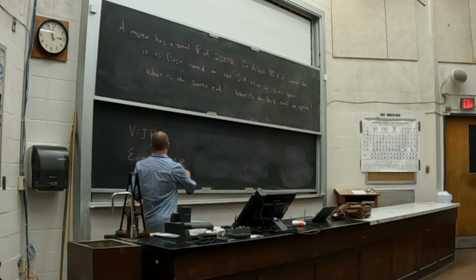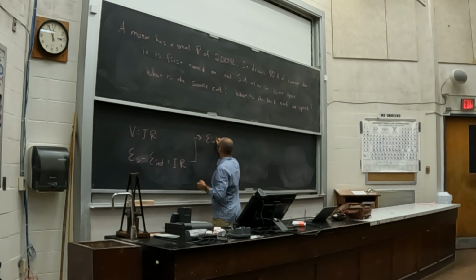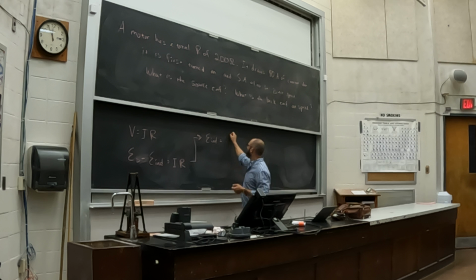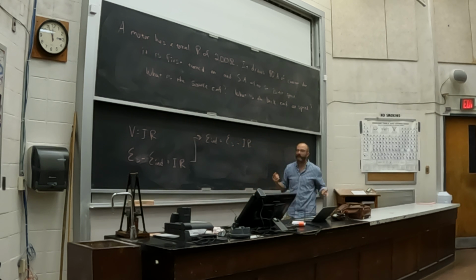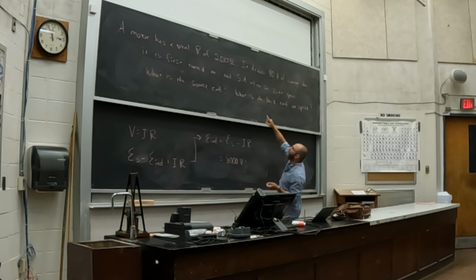So I can now write this. E induced is going to be E source minus IR. Just rearrange things. So I found that my E source is 8,000 volts minus, what's my current at speed? 5 amps times 200 ohms of resistance.